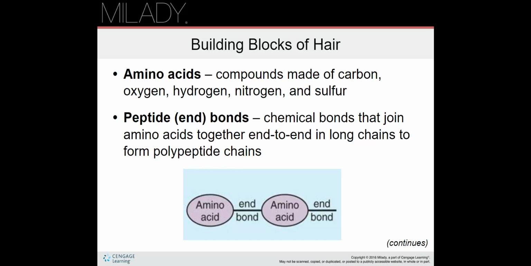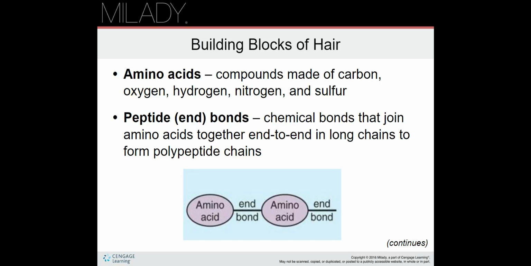So the building blocks of the hair. We have amino acids. Amino acids are compounds made of carbon, oxygen, hydrogen, nitrogen, and sulfur. And then there's peptide bonds. Those are the end bonds. Peptide bonds are chemical bonds that join the amino acids together end to end in a long chain to form polypeptide chains.